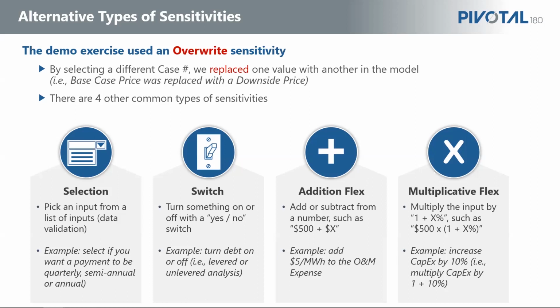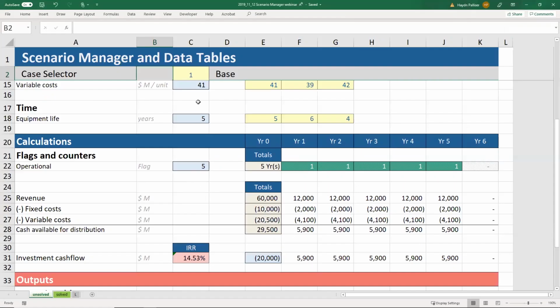Now, something that will be extraordinarily handy about our scenario manager is that we don't just need to look at a single scenario, whatever is currently active and live within the model, and manually cycle through case 2 and case 3.